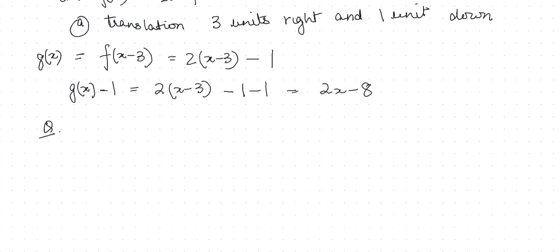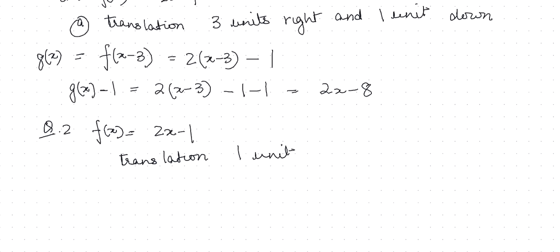Now the next, again f of x is 2x minus 1, and it is translation 1 unit left followed by reflection in the x-axis.